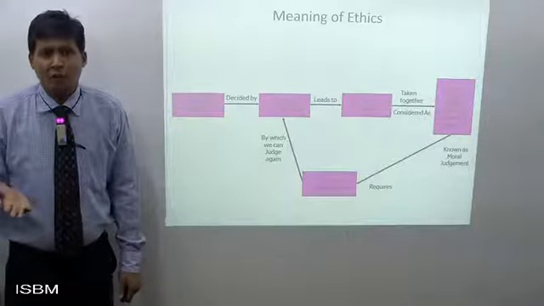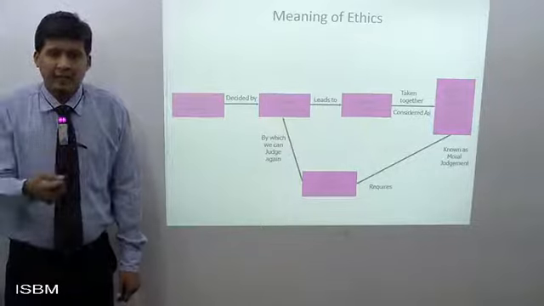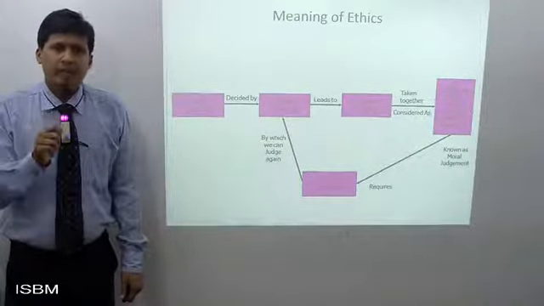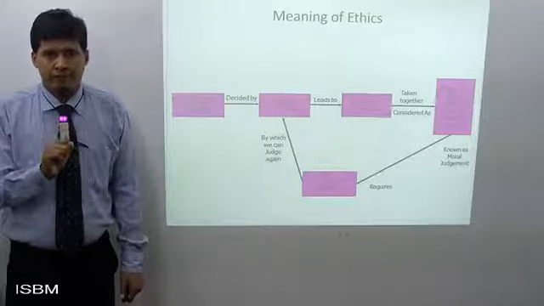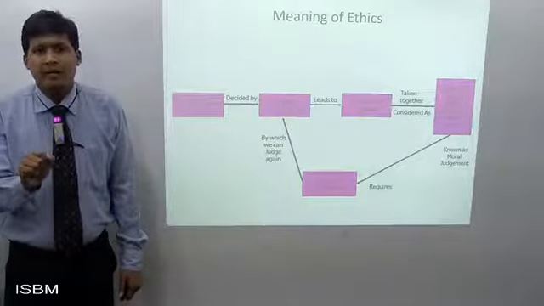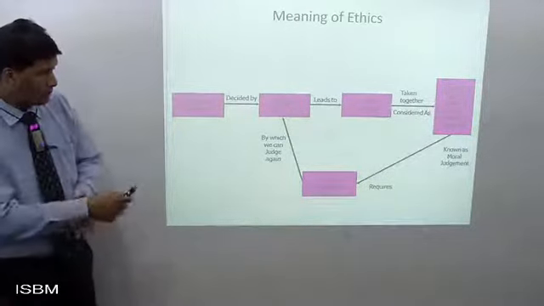For example, if you are in war, killing an enemy is a different context. If you are killing somebody to defend yourself, it has a different meaning. But killing somebody for personal benefit or revenge is morally and ethically, globally considered to be wrong.